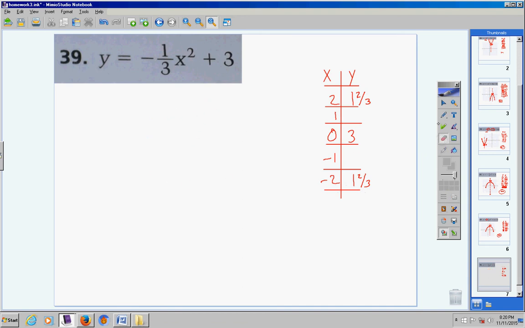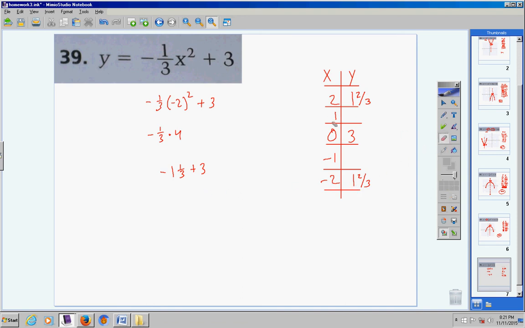So let's put -2 in and see what happens. -1/3, -2 squared, +3. A -2 squared is a +4, so -1/3 times 4 would give you a -1 and 1/3, just like the last problem did, +3. So once again, you would get out 1 and 2/3.